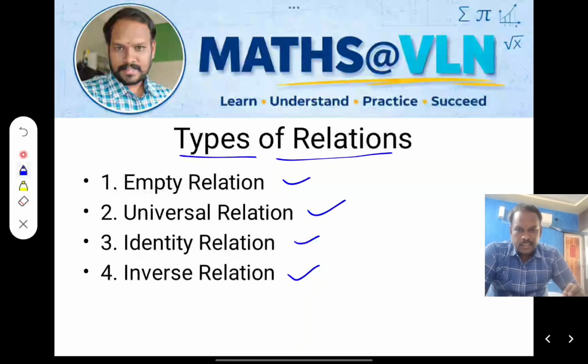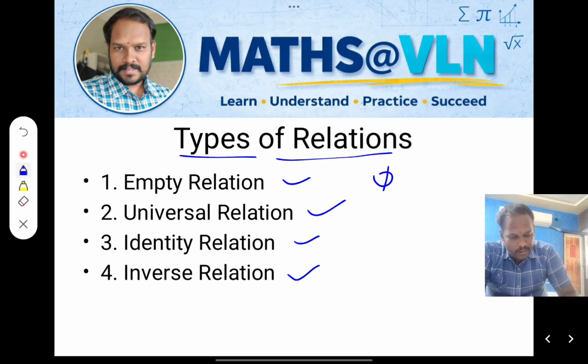Similarly, if there is no element in the relation, that relation we call an empty relation. So this relation we call the empty relation. No element, no ordered pairs.